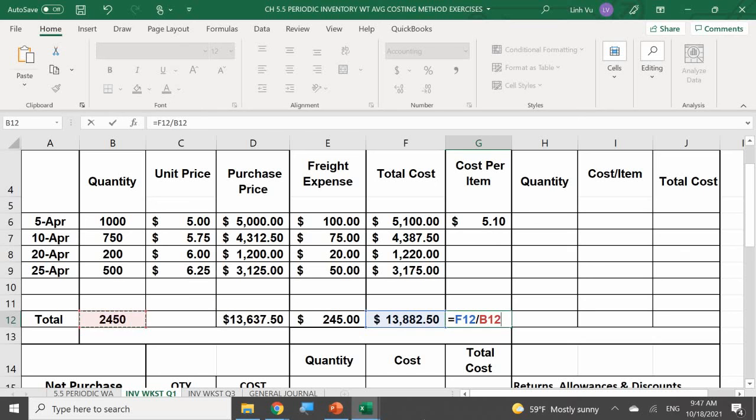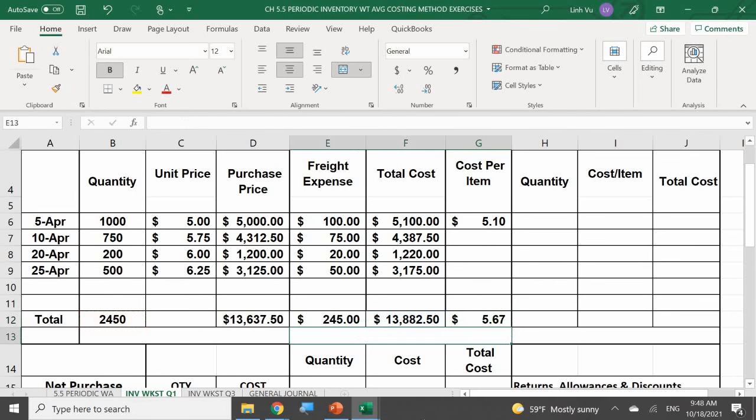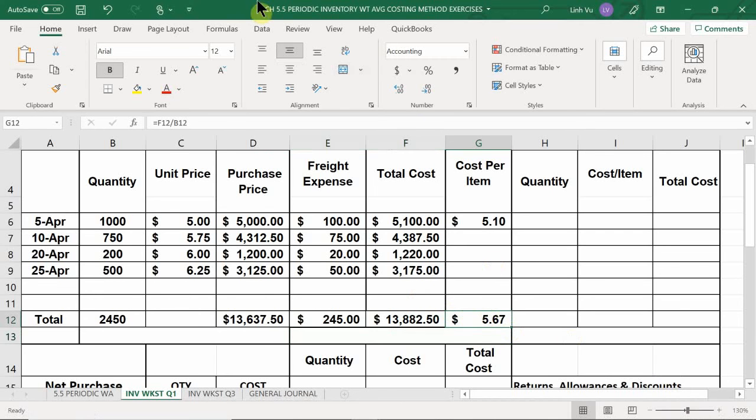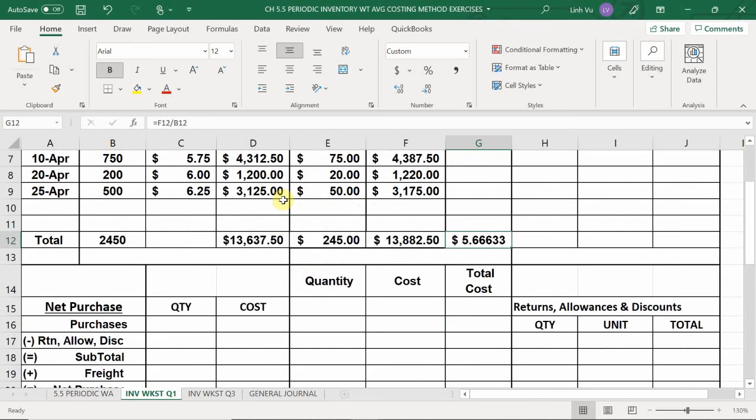So what is my average cost per item going to be? $5.6663. Okay. Good.